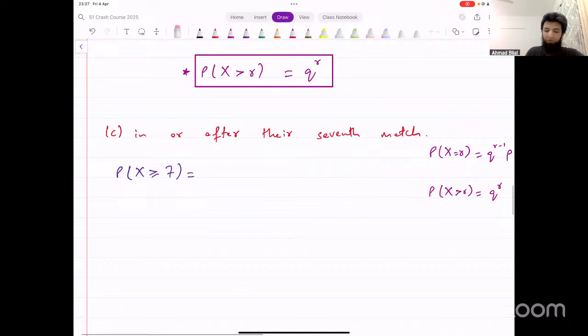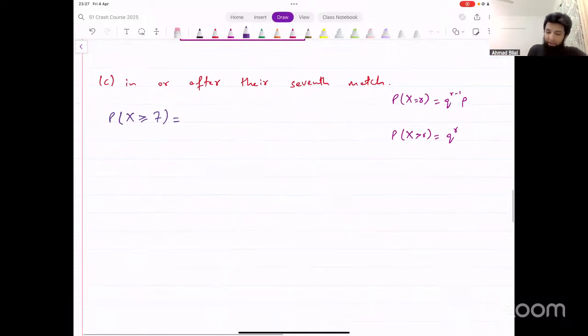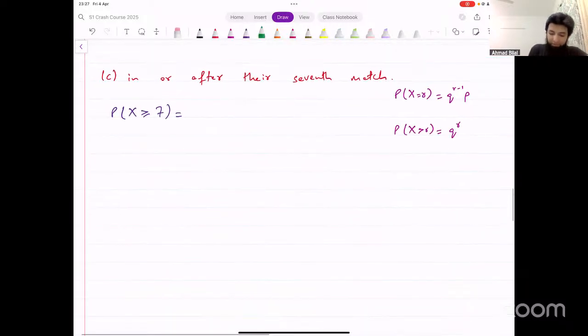Okay, now how do we do that? Greater than or equal to 7. What does that mean? We want 7, 8, 9, 10, 11, all the way up to infinity. Can you describe these numbers in the greater than form so that you don't have an equal to sign?